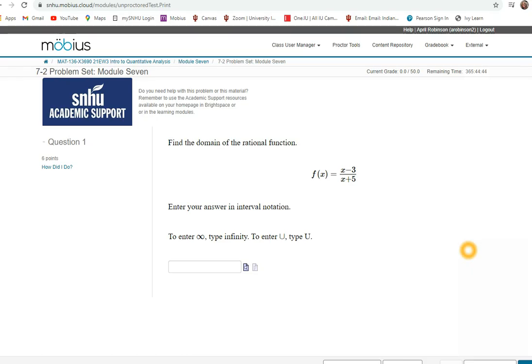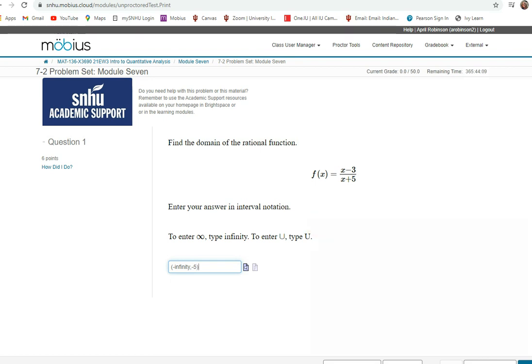Okay, and I jumped back to Mobius so I could show you that. They're not giving me the little symbol options, so I'm going to have to type it as they said. To enter infinity, type the word infinity. So I'm going to go parenthesis, negative infinity, do not capitalize, comma, negative 5, close the parenthesis.